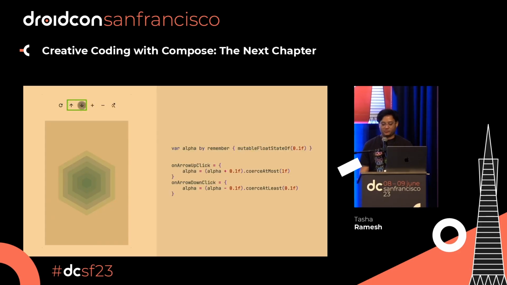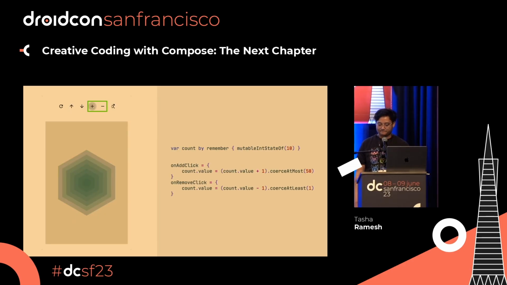All right, so we're tweaking all these things, and there are so many more things you can change that it can get a bit overwhelming. One way I like to organize this is to create a control panel where I can tweak these parameters, and it basically turns into a little app. For example, these two arrows change the alpha of the shape, and these two buttons change the number of shapes you're generating.